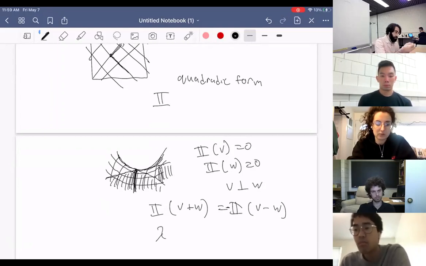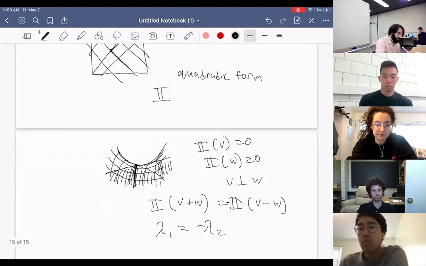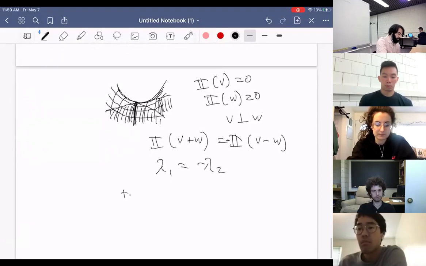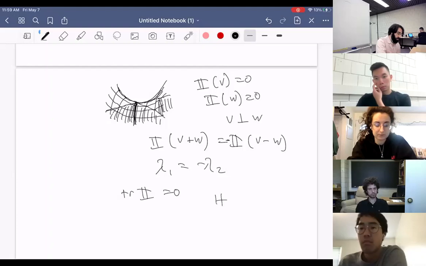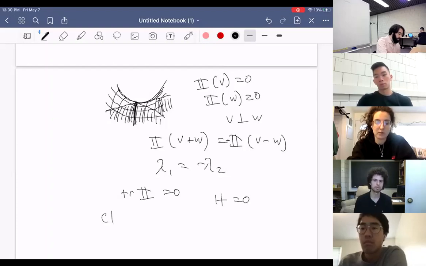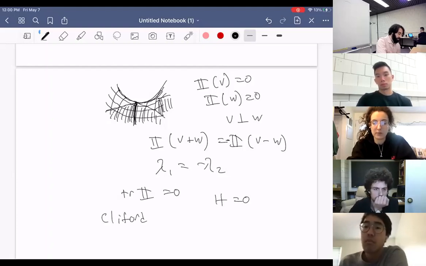Or those aren't the two eigenvalues, those are the two eigenfunctions, whatever. But it's a quadratic form. And therefore, the trace of the second fundamental form is going to be zero. I mean, mean curvature is zero. And the Clifford torus is indeed a minimal surface.